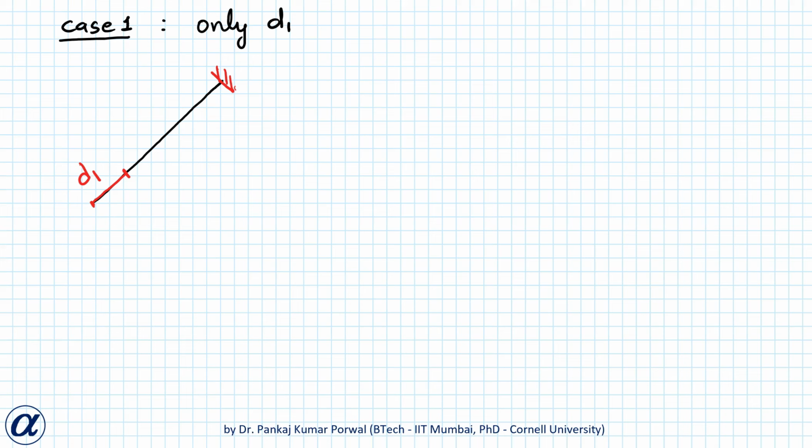Corresponding to this situation, there will be some force Q1 dash at node 1, and to maintain the equilibrium there will be some force Q2 dash at the other end of this member. And we know from our previous analysis that Q1 dash will be equal to AE by L into D1, where A, E and L have their usual meaning.